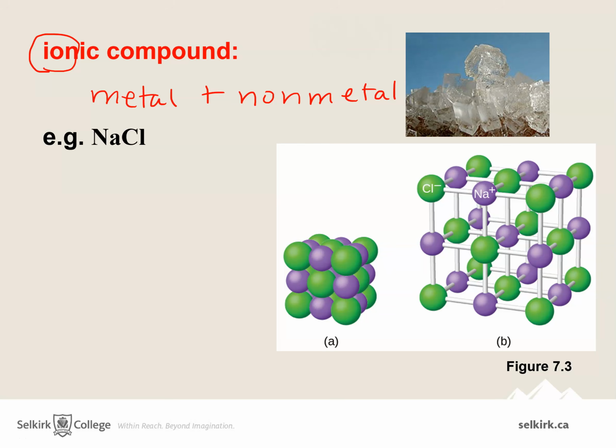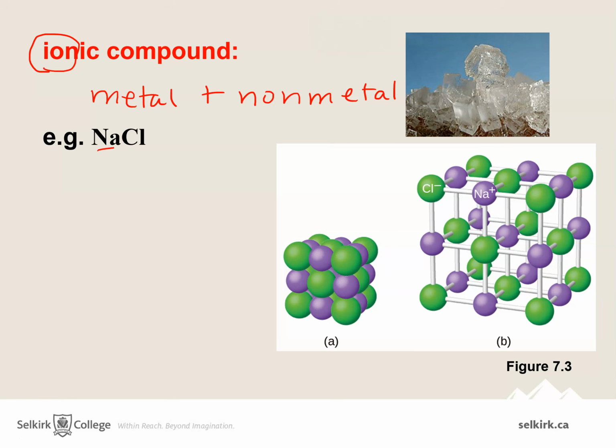So I've got an example of my favorite ionic compound, sodium chloride, or table salt, NaCl. In that formula, I don't see any charges. We don't include the charges when we put the formula of an ionic compound together. But I recognize that sodium is on the left-hand side of the periodic table.